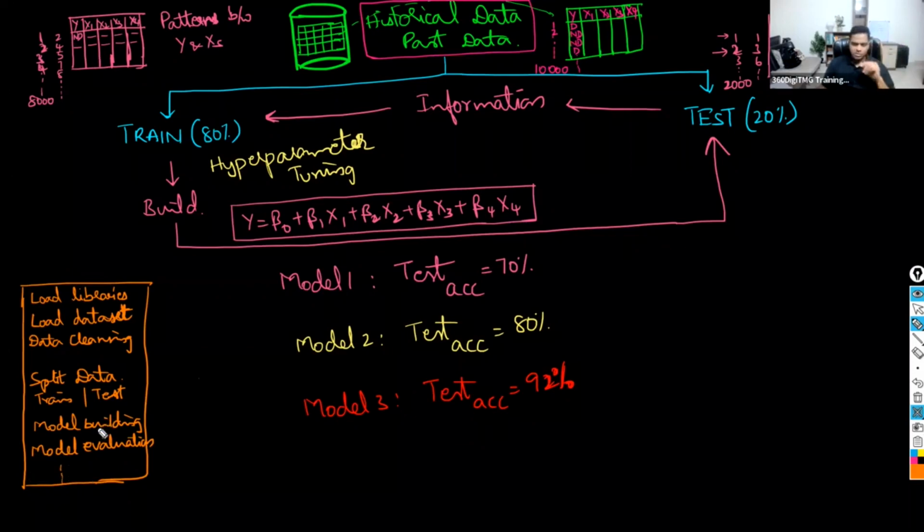And you deploy the model, and so on and so forth. Here, say you split the data, build the model on the training data, test it on the test data, and then you get an accuracy of 70%, assume.